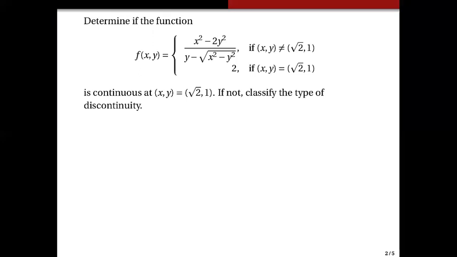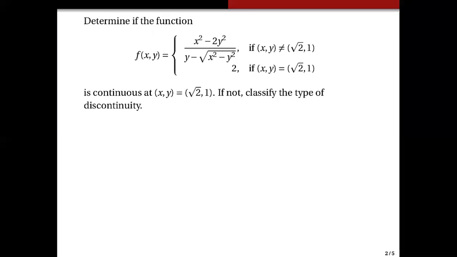If the limit exists along that path, we will find another path and find the limit of the function as the point (x, y) goes to (square root of 2, 1). And then we hope that with these two different paths, there will be different limits. And once we have obtained different limits, then we can conclude that the function is not continuous. Correct? So that's what we're going to do.